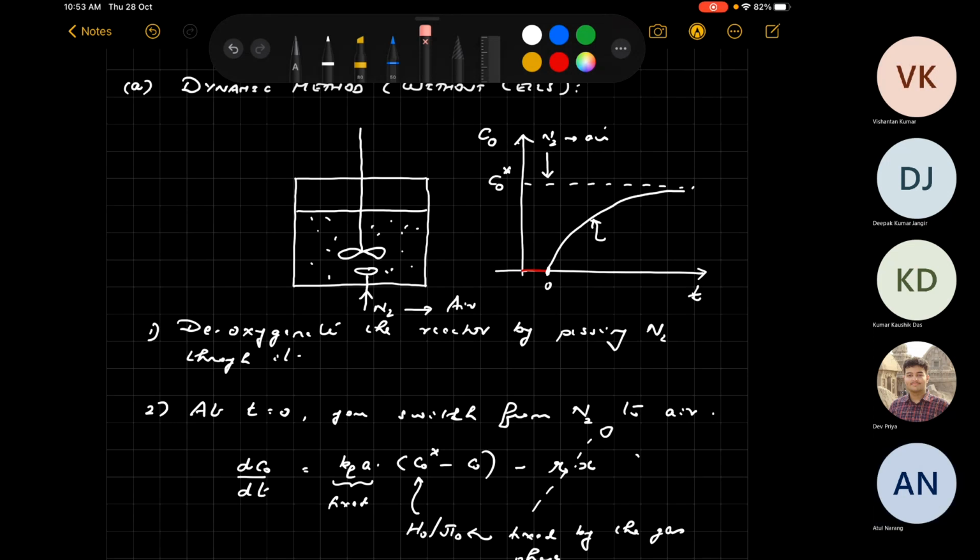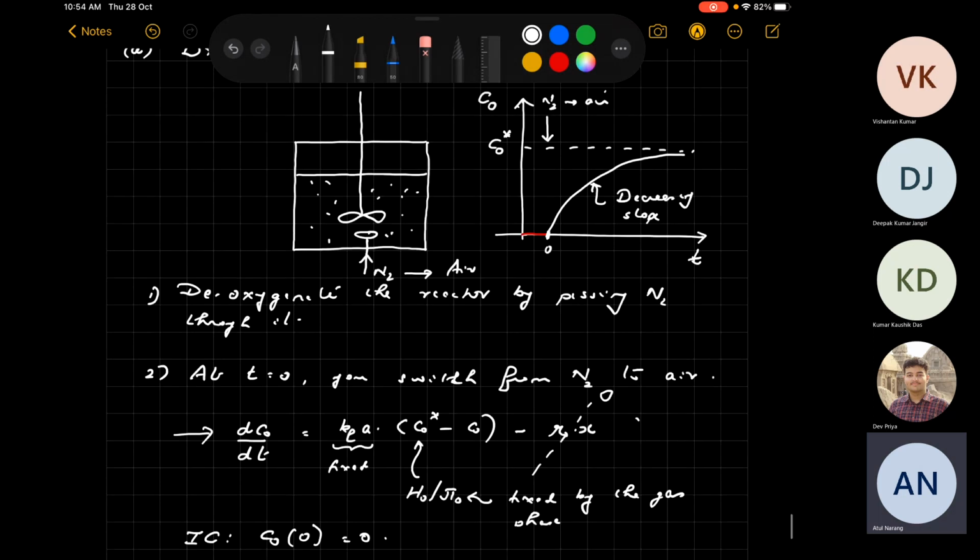So this picture that I have drawn, with decreasing slope, is obvious from this differential equation. As CO goes up, CO star minus CO goes down, and that means that dCO/dt has to decrease. Solve it, and you get an exponential equation.